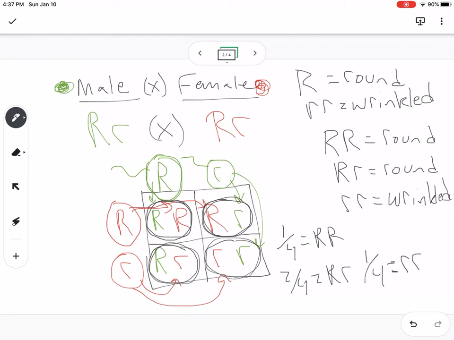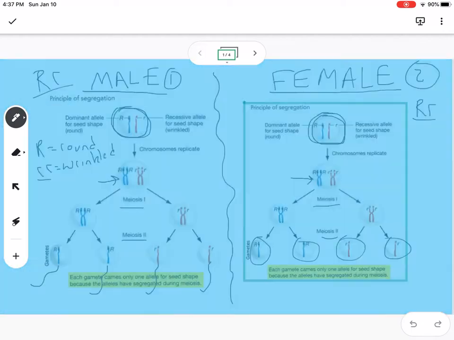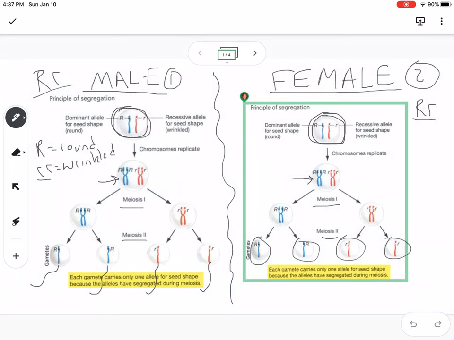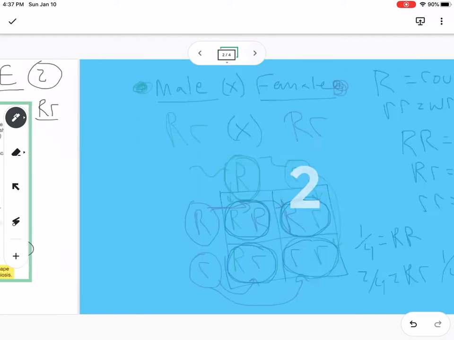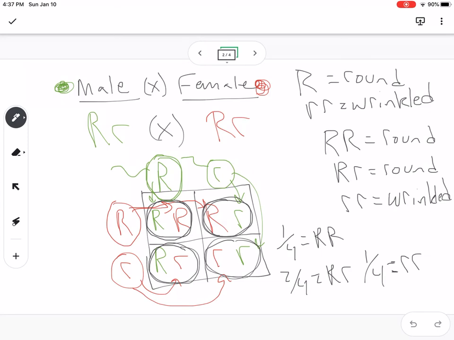So what this is saying is, if these two pea plants reproduced, big R, little r crossed with big R, little r, both round-seeded pea plants, they make their gametes, and the gametes sexually reproduce. It's just random which sperm will fuse with which egg, and this will give us our outcome. All right, hopefully that made sense.